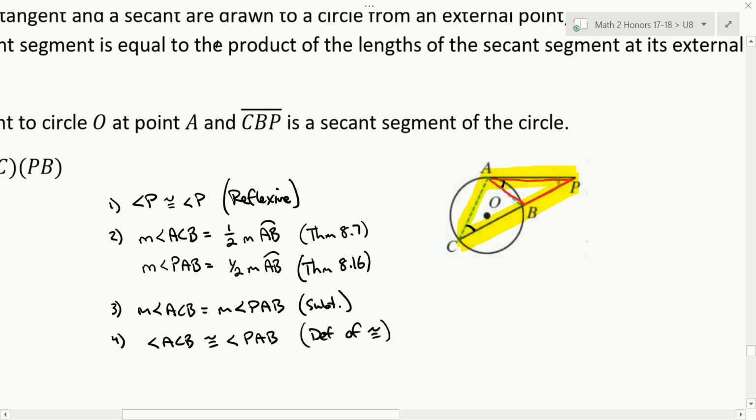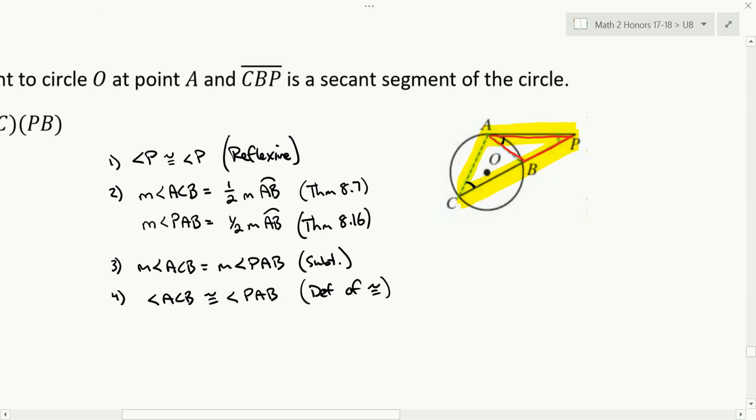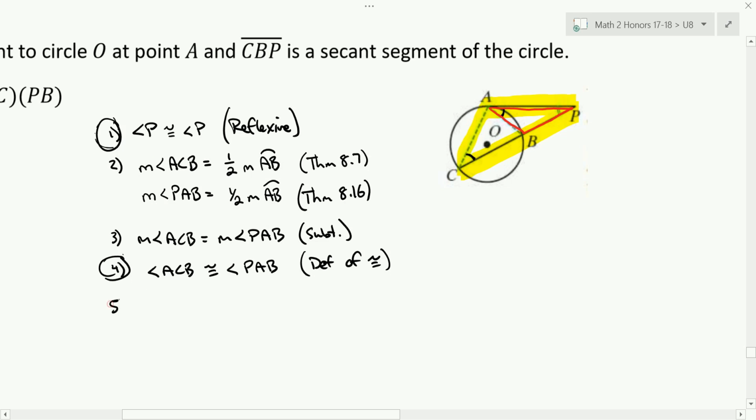So a little bit of extra work. I had to work a little harder to get my angle. So statement 1 and statement 4 is enough now to say that the triangles are similar. So triangle, let's see if we could do this right. Triangle CAP is similar to triangle what?